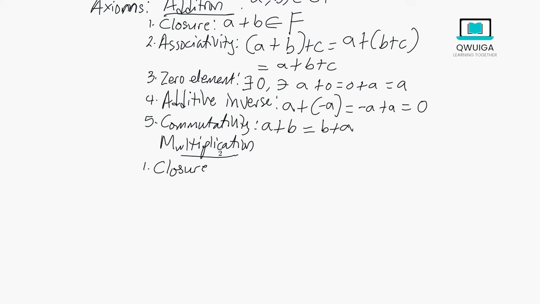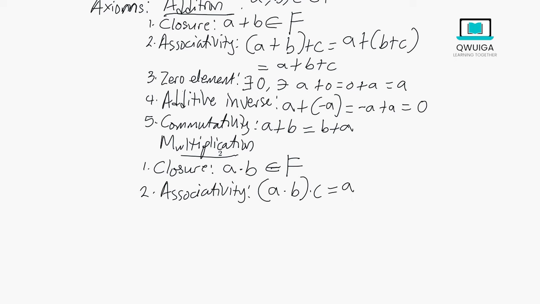It says that if you pick any a and b and multiply them together, the result must also be an element of F. And then associativity also holds under multiplication. For any three elements, the order in which I multiply them will not affect the result, and so I can simply write it as a dot b dot c.